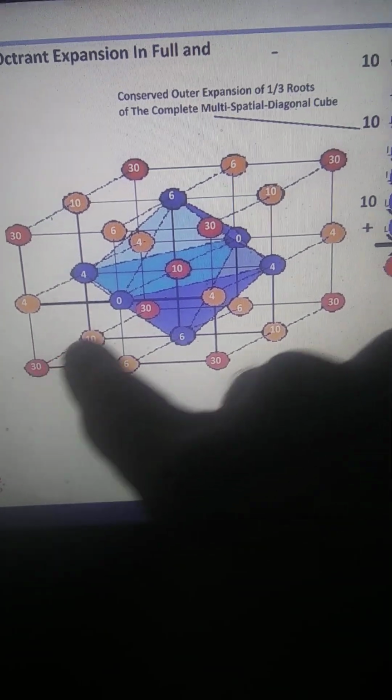Combine vectors in 3 space or whatever. It's a volume that intersects the cube. This whole volume from 6, 0, 4 through the central ghost numbers to 6, 0, 4 to be 30 on all sides, being 3 of 10.